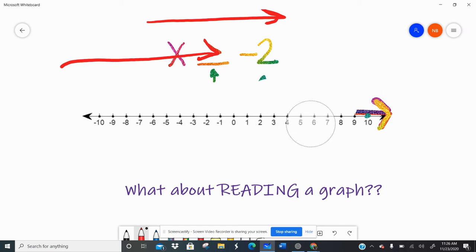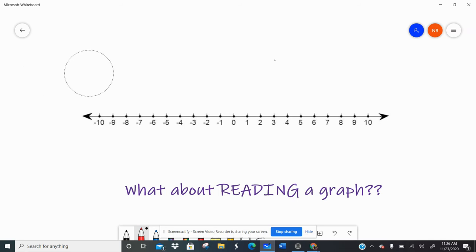All right, let's try another one. Let's say I have j is less than 4. I look at my inequality sign. There's no line, so I go to j and put an open circle, which means j can't be 4. Then I think, what numbers are less than 4?